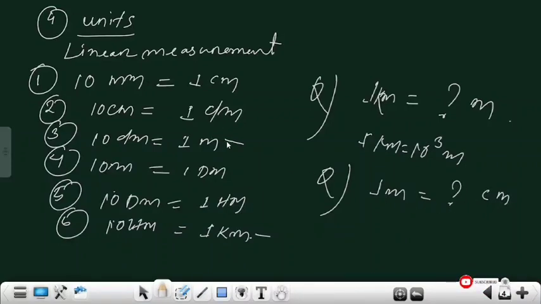So we have to move from this, 10 into 10, that means 10 to the power 2 centimeter in 1 meter. Understand? These are very important units you have to remember, or you can follow the sequence where you can easily remember.